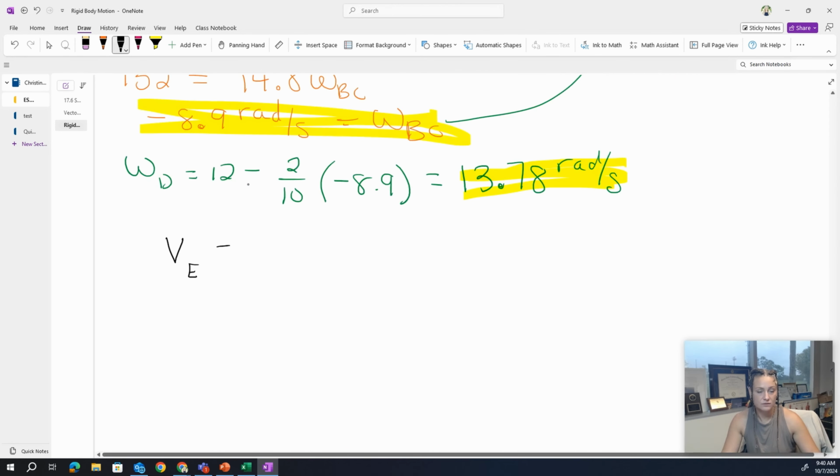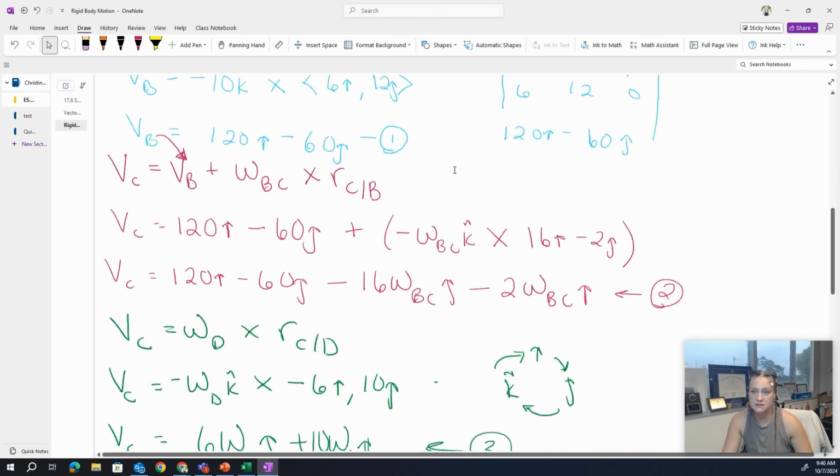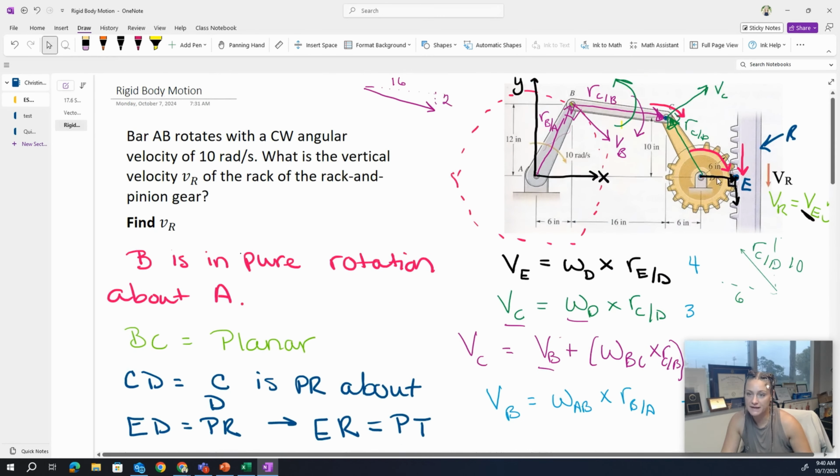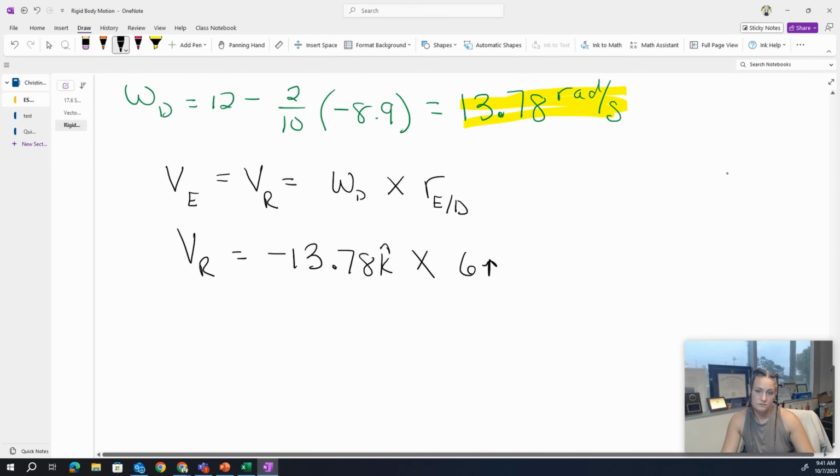Velocity of E, which equals the velocity of the rack, equals omega D cross RE with respect to D. So my velocity of my rack is going to equal 13.78 K, and that's happening in the clockwise direction, cross RE with respect to D. So RE with respect to D is going to be 6 inches in the I. And I'm going to do K cross I, which is positive, but you have a negative here.